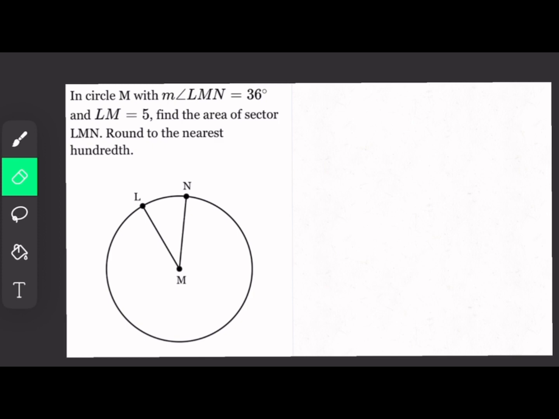Okay, in circle M with angle LMN equating to 36 degrees and LM equating to 5, find the nearest area of sector LMN. Remember to round to the nearest hundredth and don't forget your units.